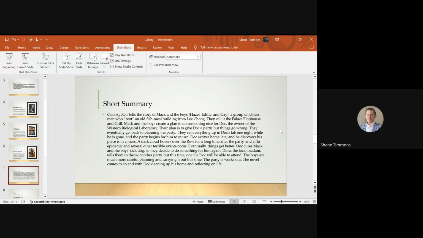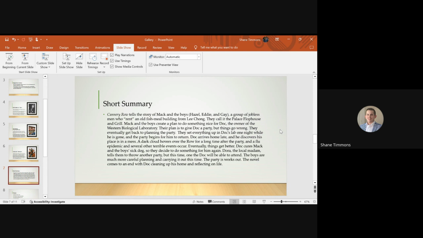Mac and the boys create a plan to do something nice for Doc, who is, of course, the owner of Western Biological Lab. Their plan is to give him a party. But things go wrong, and of course, they try to get Lee Chong's truck started. It breaks down, and Gay gets put back in jail for a while.